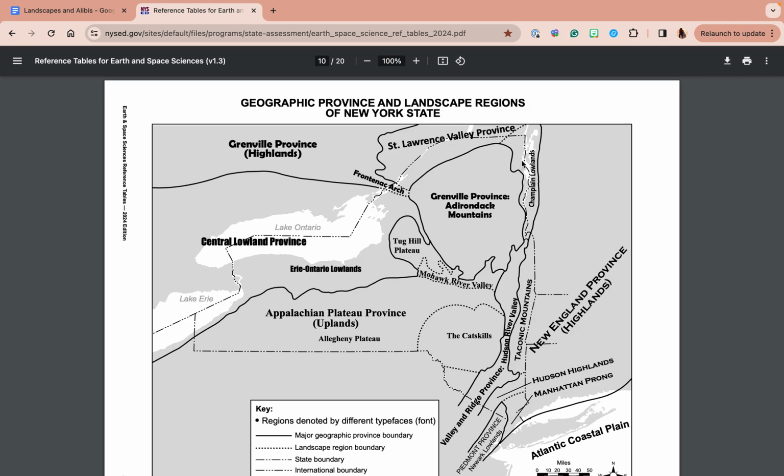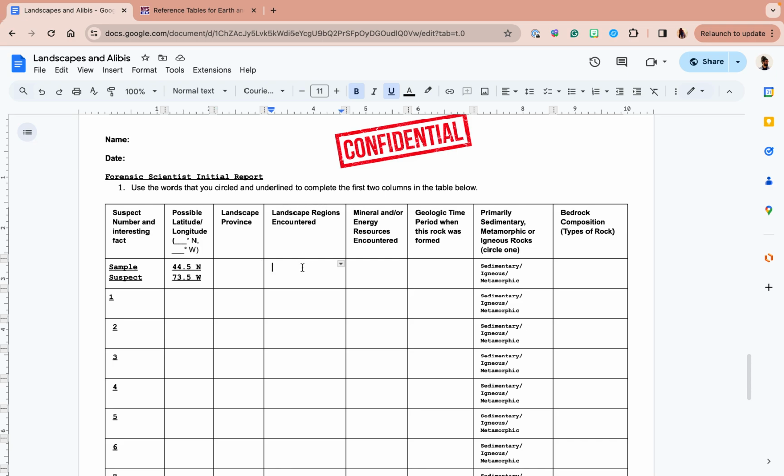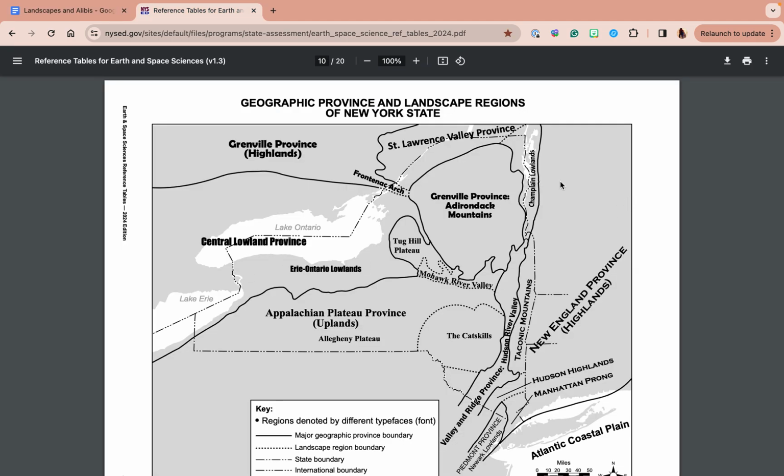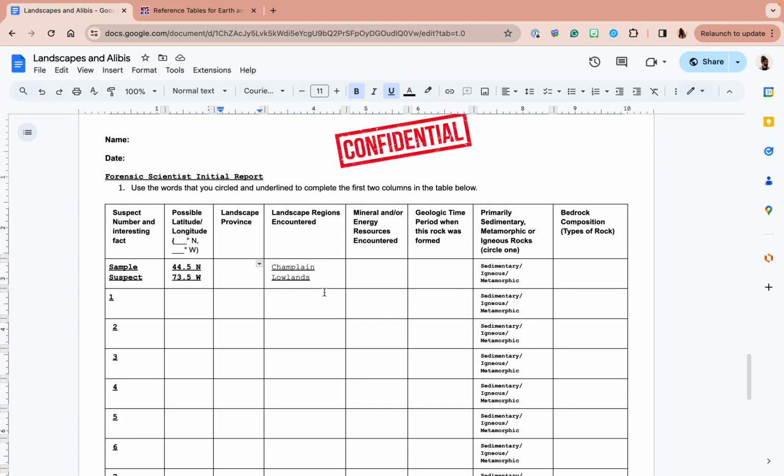So we can see that area is called the Champlain Lowlands. So I'll write that into landscape regions encountered. Champlain Lowlands. And I also see that that's part of a larger province. So the lowlands are part of this larger province, and that's called the St. Lawrence Valley province. So let's write that there, St. Lawrence.